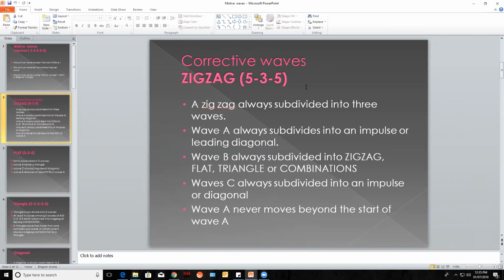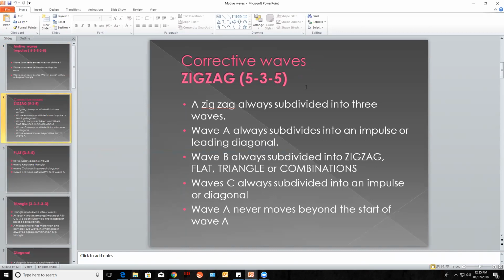Zigzag is always subdivided into three waves. Wave A is always subdivided into an impulse or a leading diagonal. Wave B is always subdivided into a zigzag, flat, or triangle, or a combination. Wave C is always subdivided into an impulse or a diagonal. Wave B never moves beyond the start of A.